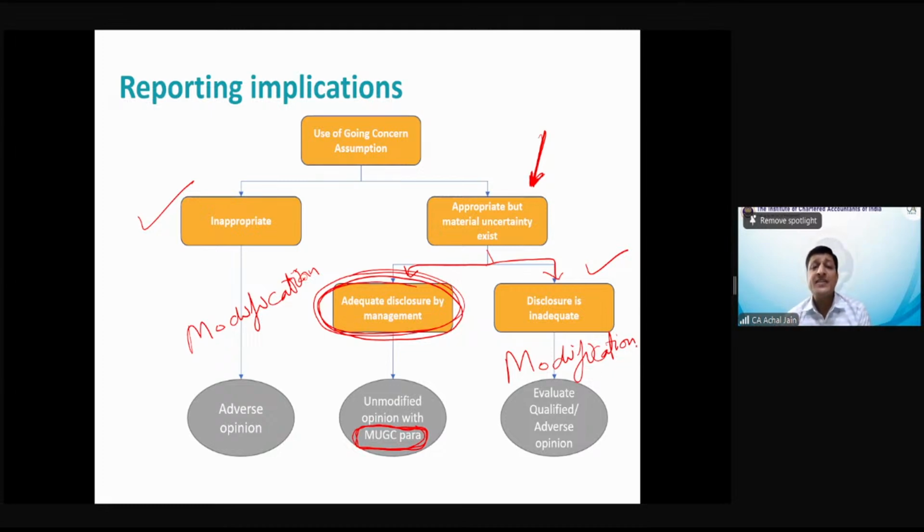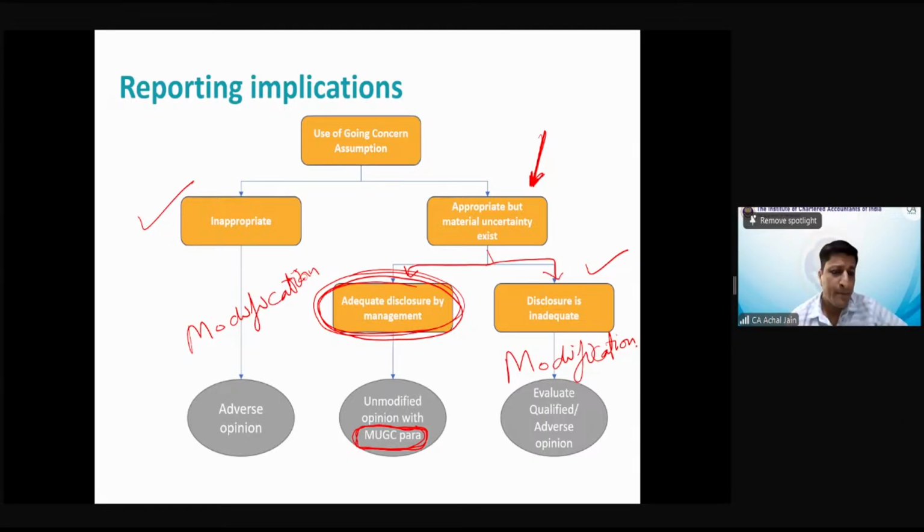Now, please remember that this situation of whether the going concern assumption is appropriate, this situation of the going concern assumption becoming inappropriate or having any material uncertainty around the going concern will not be there in respect of each and every company.